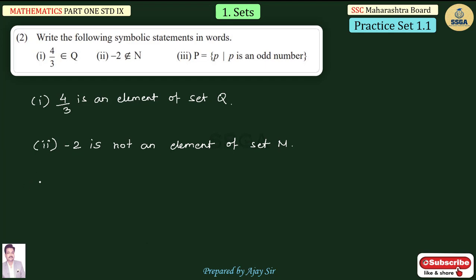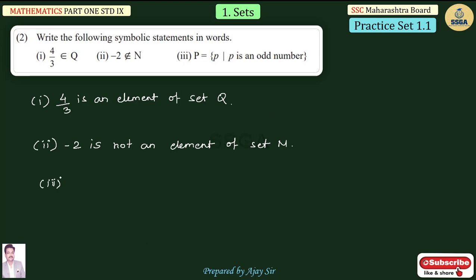Similarly, third, the symbolic form you have to write in the form of a word statement. Now here, set P is a set of all p's such that p is an odd number.